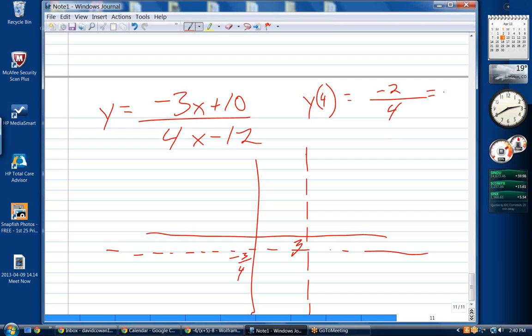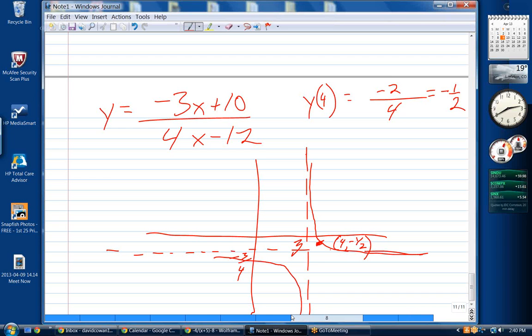So, in other words, y should be -1/2 when x is right here. Well, -1/2 does put it in that first quadrant. It is above the horizontal asymptote. -1/2 is closer to the origin than -3/4 is. In other words, that point was (4, -1/2), which means I can say that this is one of these kinds of hyperbolas.